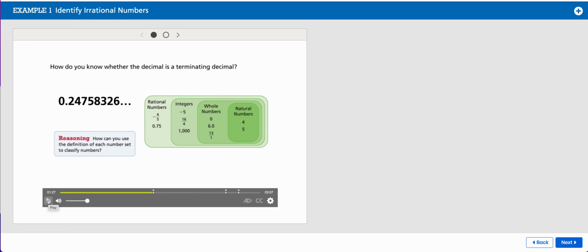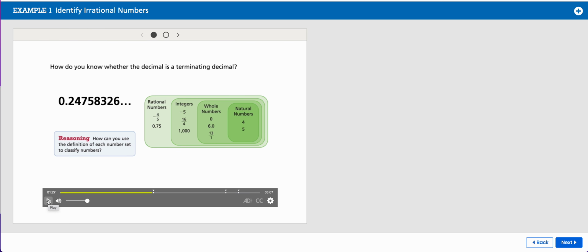Okay, so these sets of numbers, this little diagram, it's a box within a box within a box, right? So all the numbers on the screen right here, in this part of the screen, are rational numbers. All of them are. But then we move over to the next box, and now we've got some integers, and they are integers and they are rational numbers.